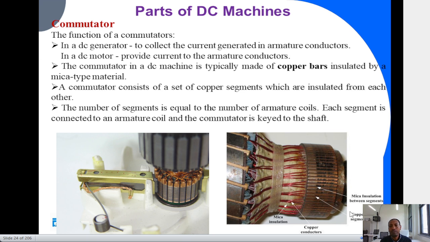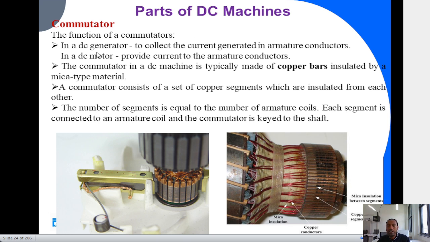And the other part of our DC machine is the commutator. We have seen the commutator in our introductory part. This is a component which converts internally generated AC into a DC signal. The main function of the commutator in a DC generator is to collect the current generated inside the machine.